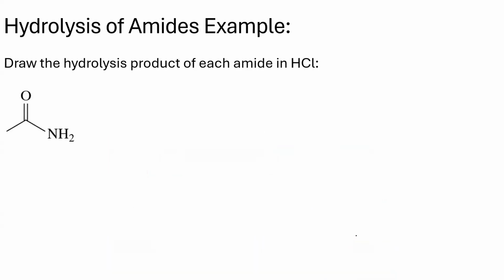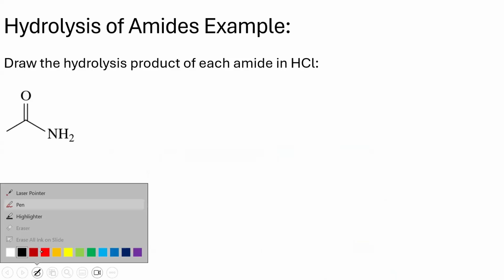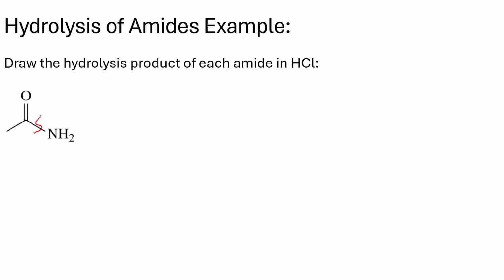If we draw the hydrolysis product of each amide in acid, HCl, we're breaking this bond, and when we hydrolyze an amide, if we draw acid plus water, this is what will form back, right, our carboxylic acid.